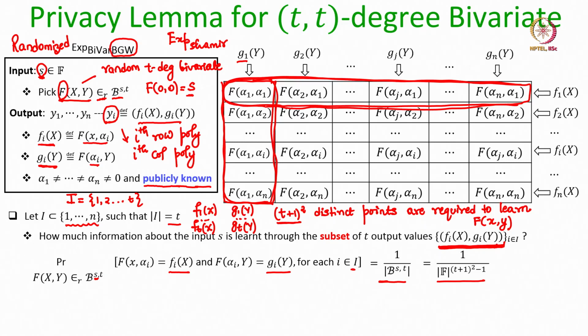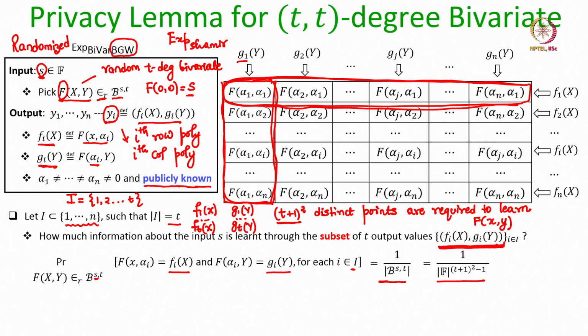So, what are we given? We are given t pairs of x and y univariate polynomials which are pairwise consistent, namely the f1 to ft of x polynomials and the g1 to gt of y polynomials are pairwise consistent.